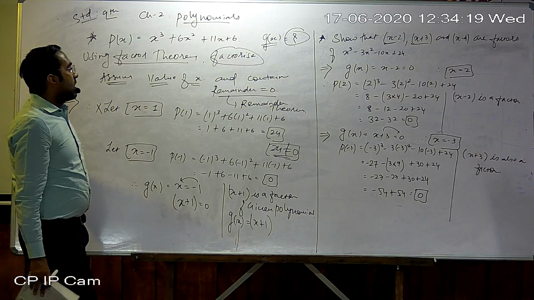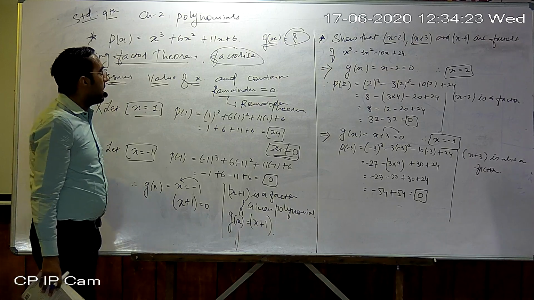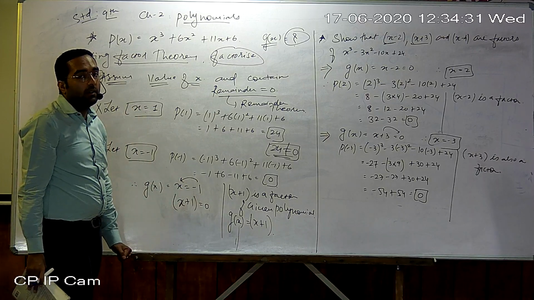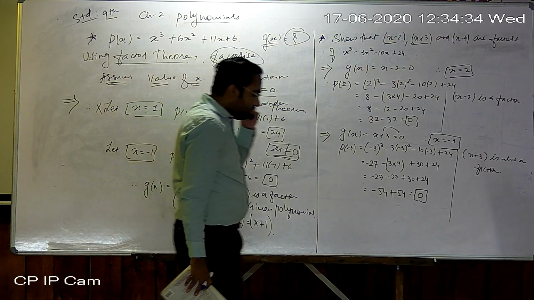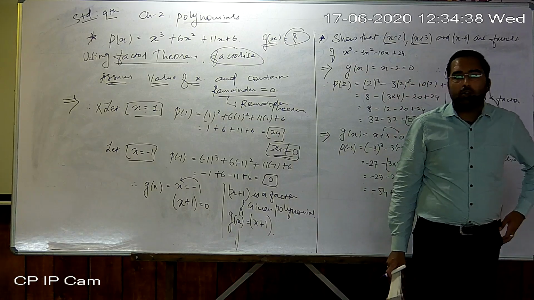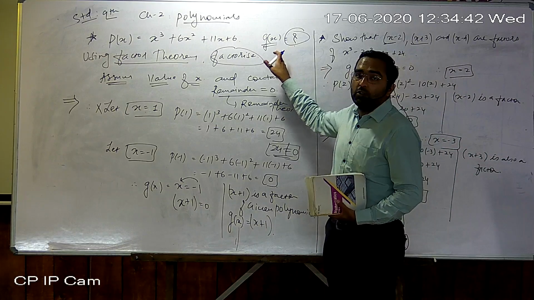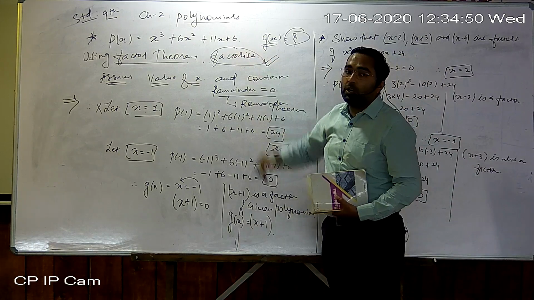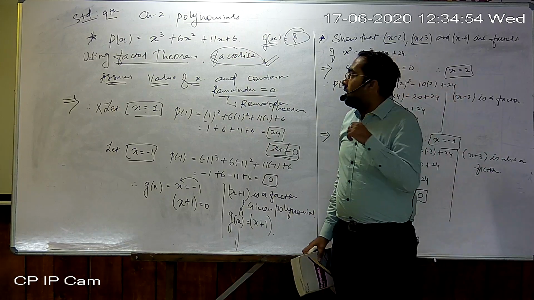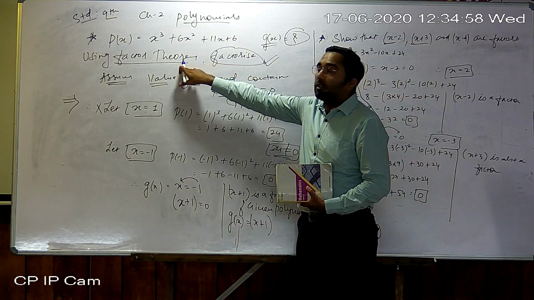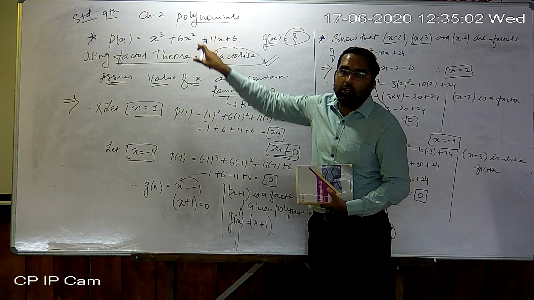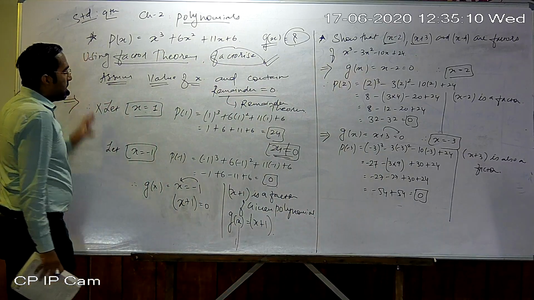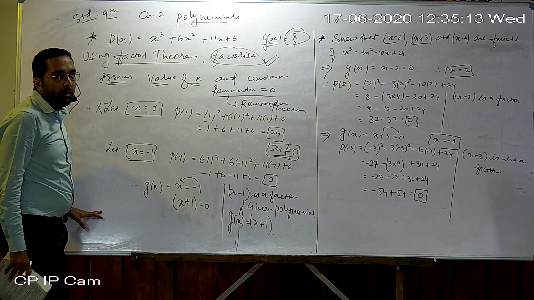So in today's lecture we consider values of x, and by assuming values of x, we see which kind of factors there are. From today's lecture we are moving on to the next lecture, to find factors using the factor theorem and factorize the cubic polynomial. These are all things you must remember in your mind.